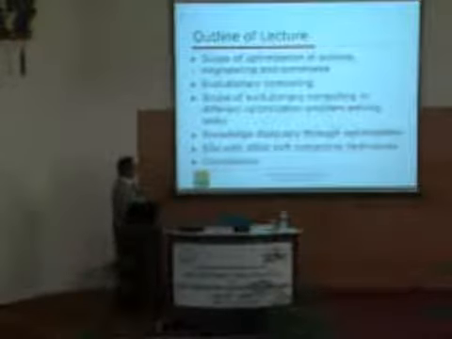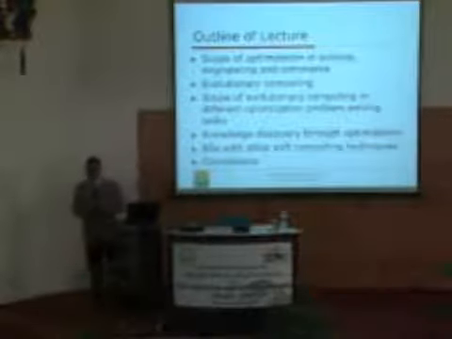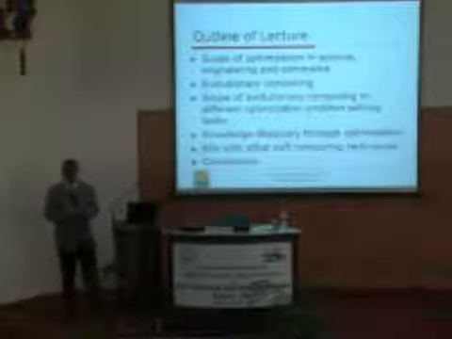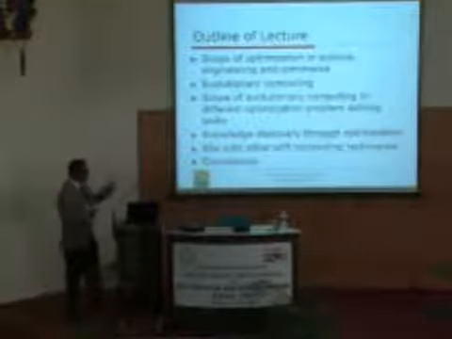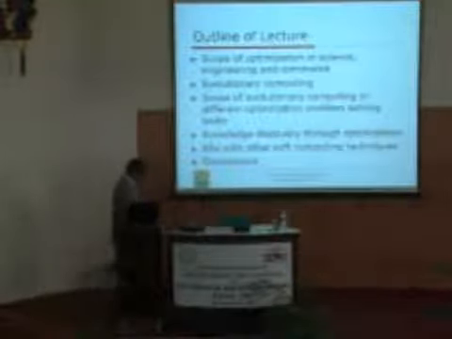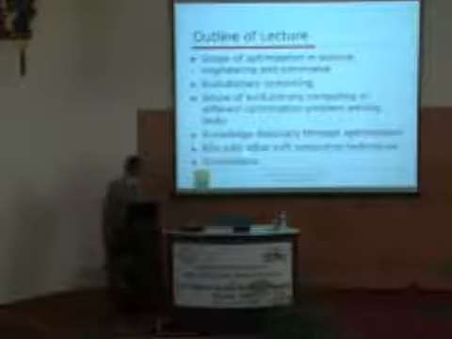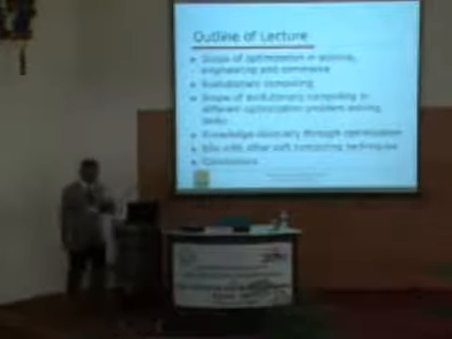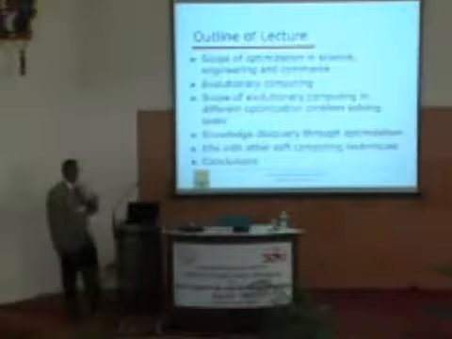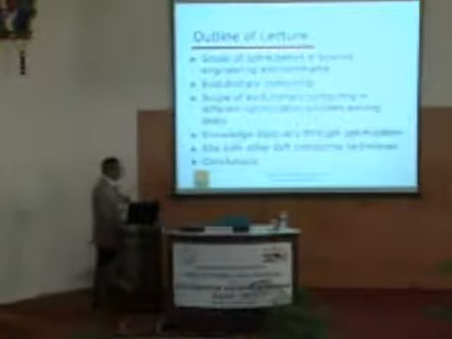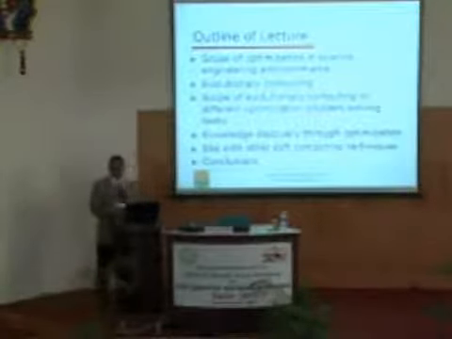And then I'll mention to you different scopes of evolutionary optimization, the evolutionary computing aspects in optimization. And then towards the end, I'll talk about knowledge discovery, which I'm finding for the last couple of years to be a very important byproduct of using evolutionary computing for optimization tools.